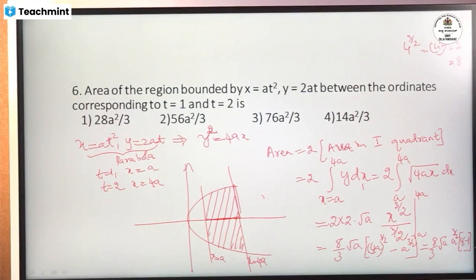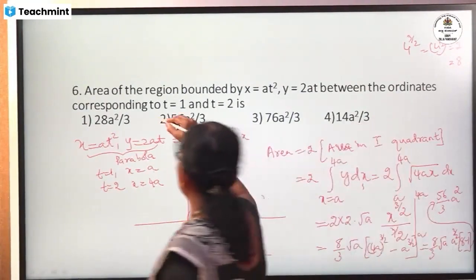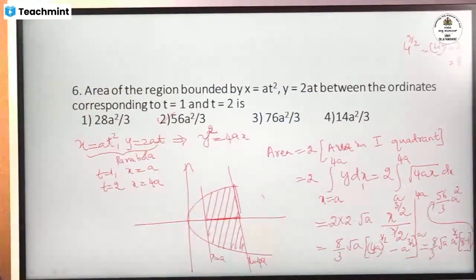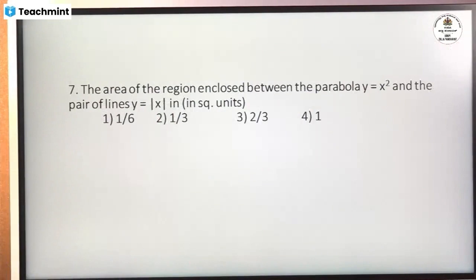So what is the answer? 7 into 8 is 56 divided by 3, a power half into a power 3 by 2, which is a power half plus 3 by 2, a to the power 4 by 2, which is a squared. So the answer is the second option. Right? Let's go for the next question.